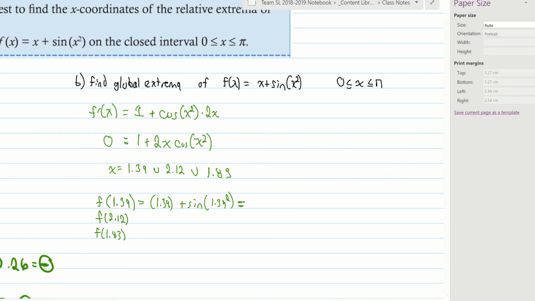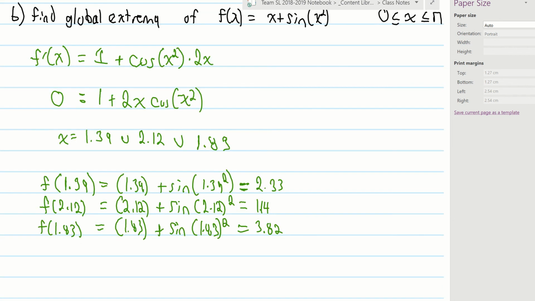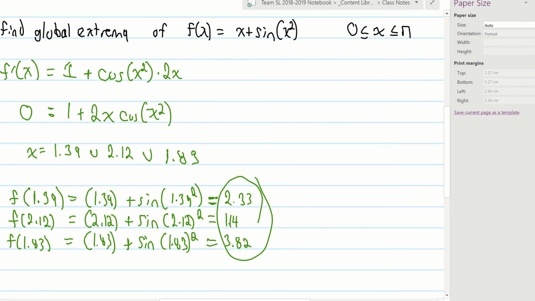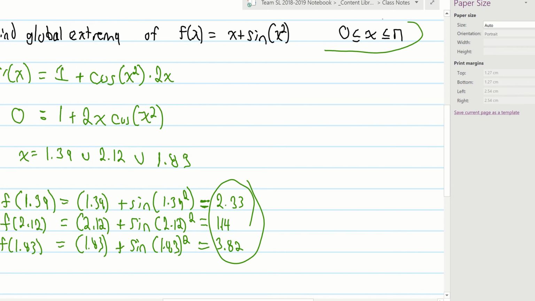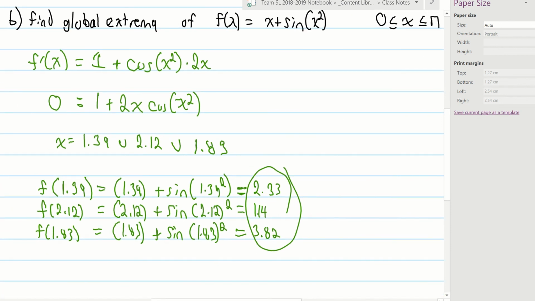Okay, so we found the positions of all the extrema. There are 2 more points we need to find. We need to find f of 0 and f of pi.